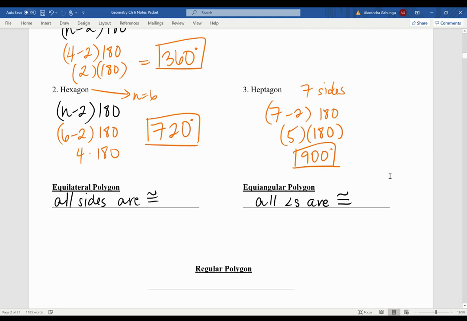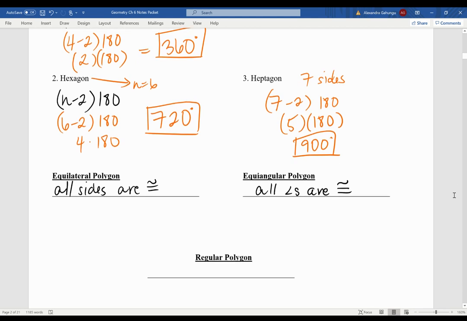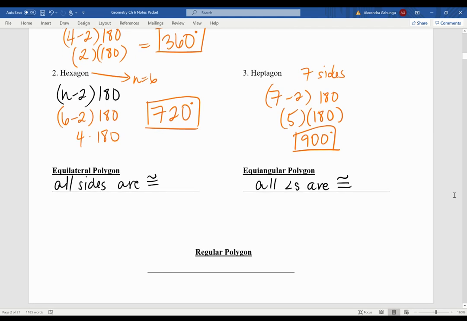And we're going to have a special term for polygons that are equilateral and equiangular. So we'll write that. All the sides and all the angles are going to be congruent in a regular polygon.